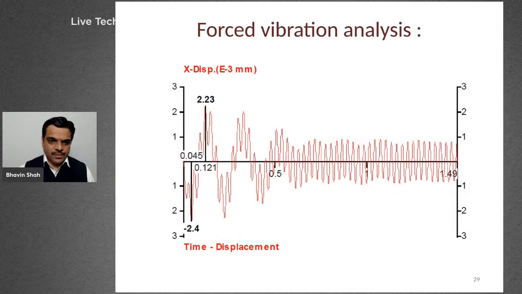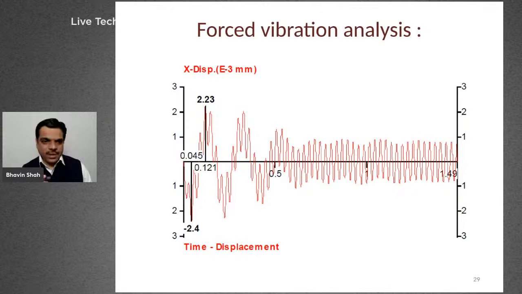Here I have taken a graph from one of the designs of a tabletop foundation. We see the variation of the amplitude with respect to time. In the initial part of the period, the amplitudes are abrupt in nature, reaching values of 2.4 micron and 2.23 micron.